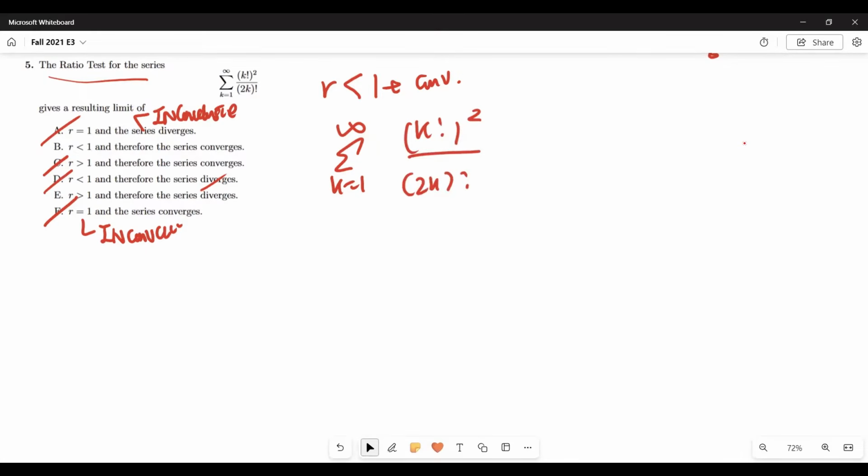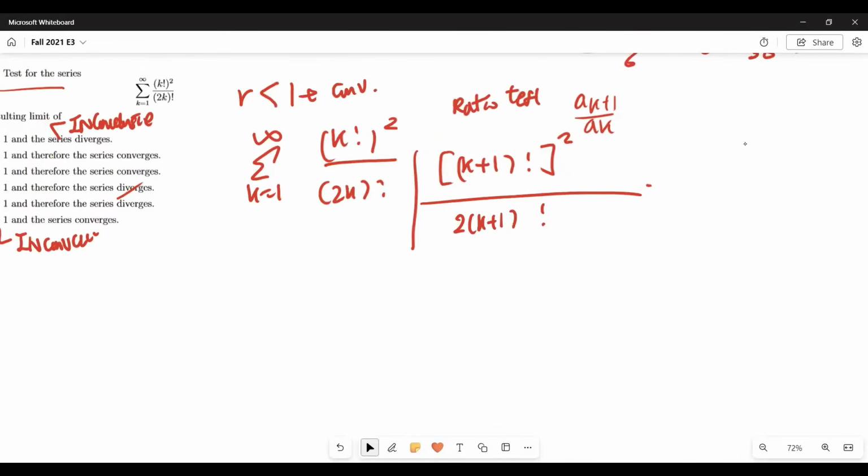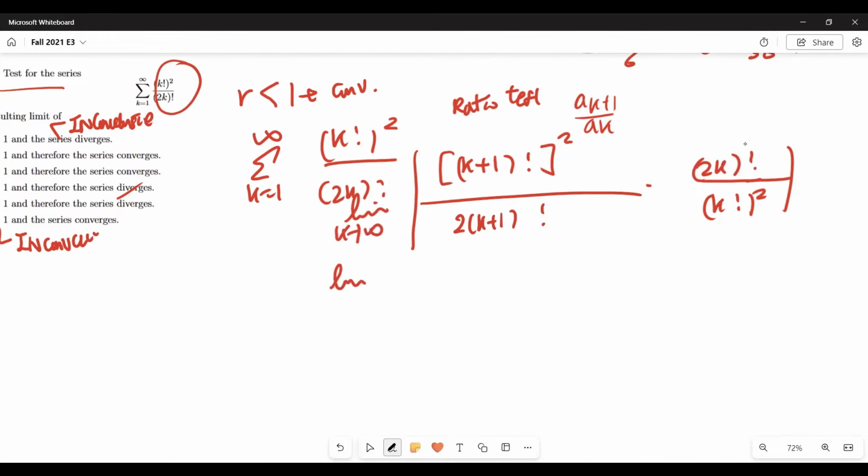The ratio test basically tells you to do a k plus 1 over a k. So you have to do k plus 1 instead of k for the first term, k plus 1 factorial, and this entire thing squared over 2k plus 1 factorial, and then divided by the original, k factorial squared over 2k factorial, and take the limit as k goes to infinity.